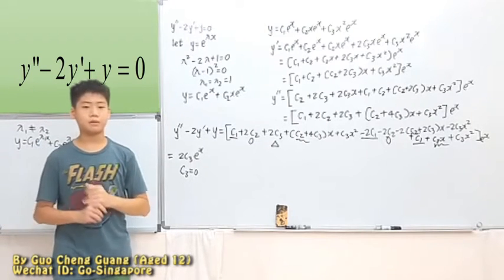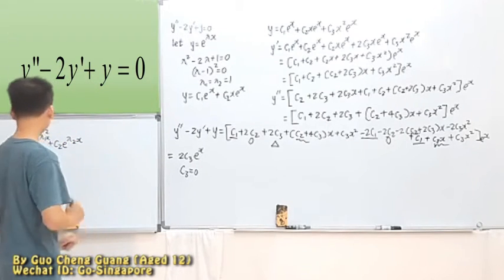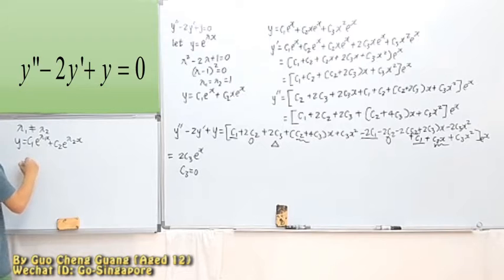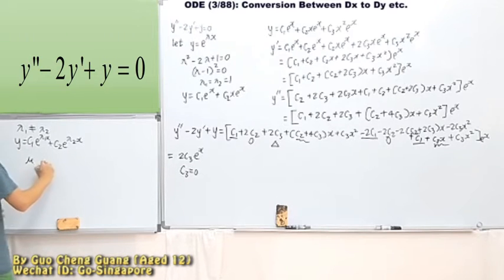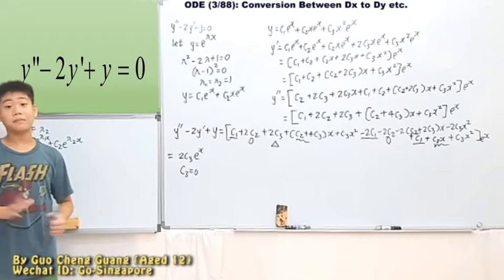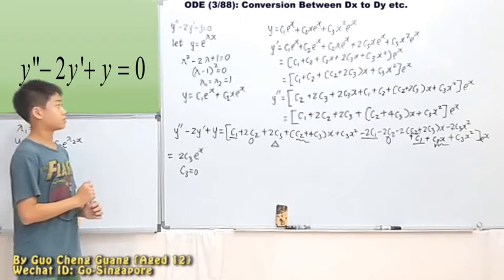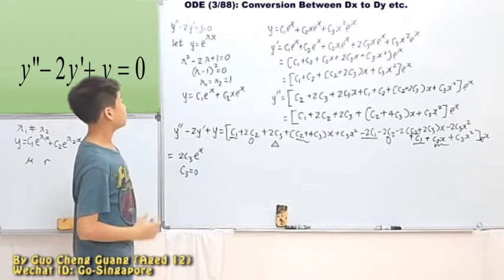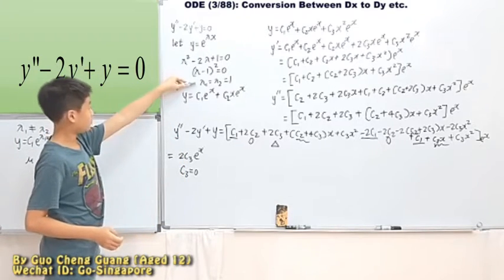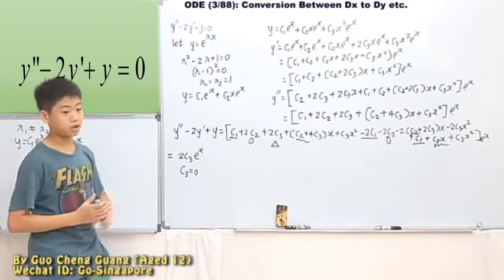But when you read some books, you might see this symbol, mu, or others like r, different symbols. Let me just tell you, it doesn't matter. This is just the letter you use to represent, which in this case we call lambda.